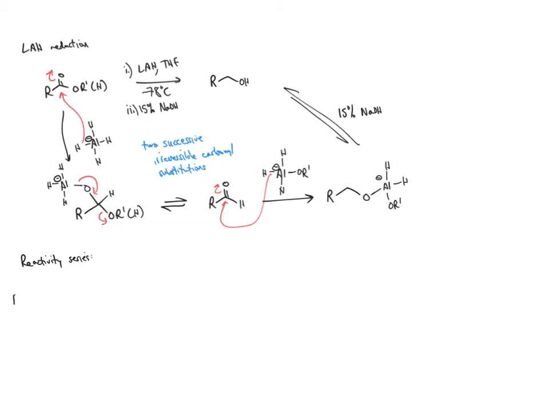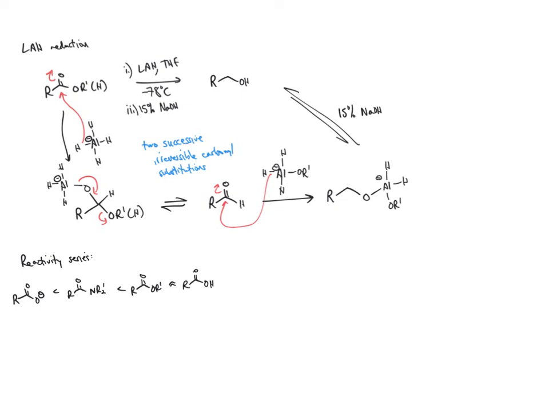All right, so if we're recalling the reactivity series again, we've got the carboxylate, we've got the amide, then we've got the ester, which is about the same as the carboxylic acid. But according to the data above, we know that aldehydes and ketones are more reactive than esters or carboxylic acids, and so we can put them towards the right.